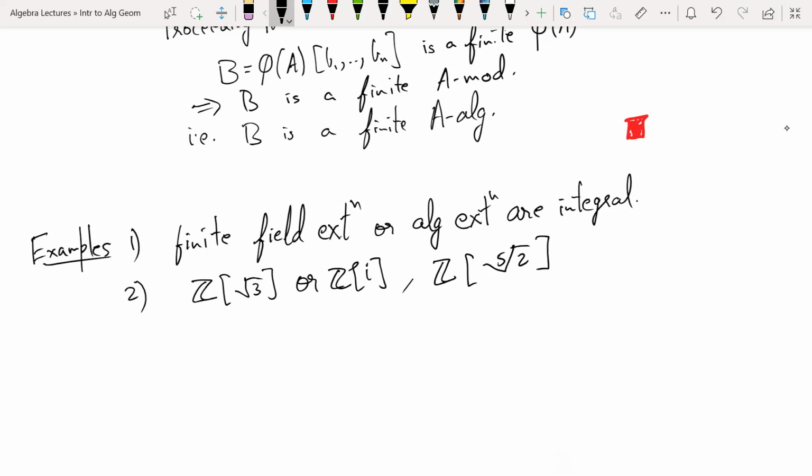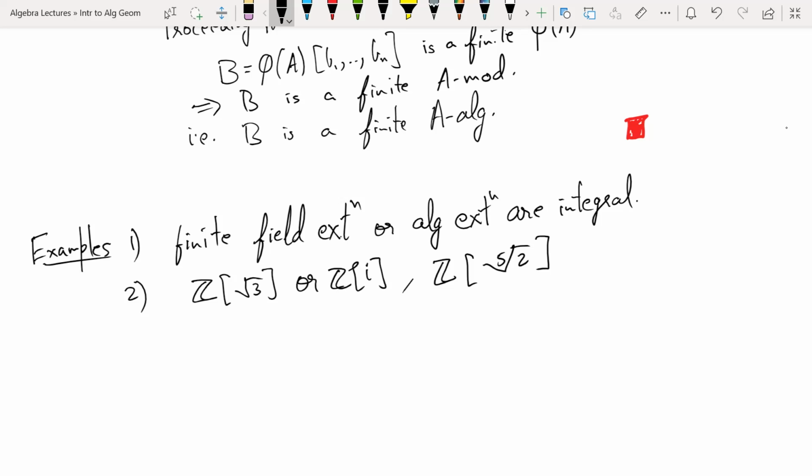And we saw many other examples of finite Z modules. All finite Z modules are also... elements of those are integral. But you cannot adjoin anything and say that it's integral, right?